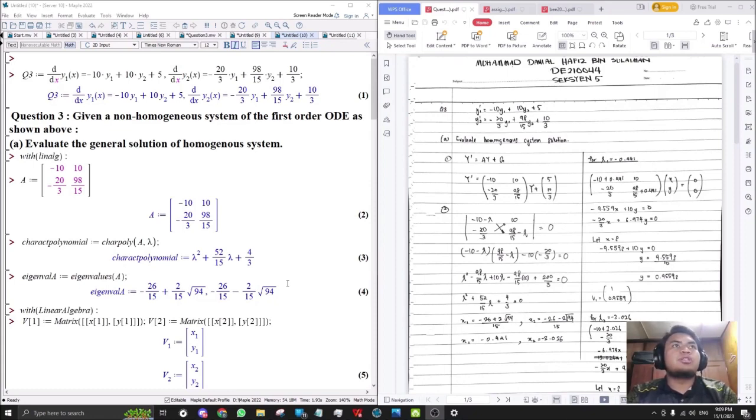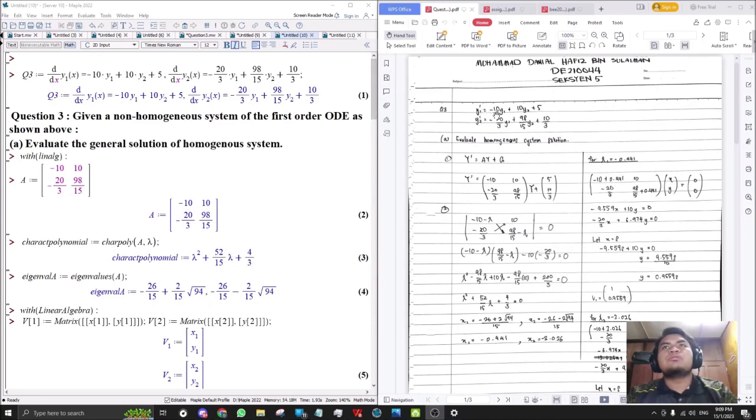Okay, for question 3, given a non-homogeneous system of first-order ODEs as shown above. For the manual calculation and for the software simulation, it's just the same.